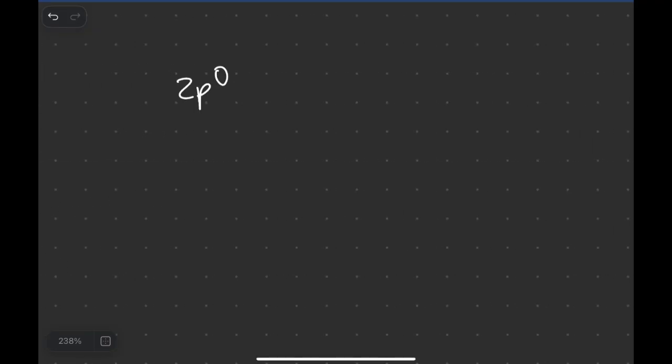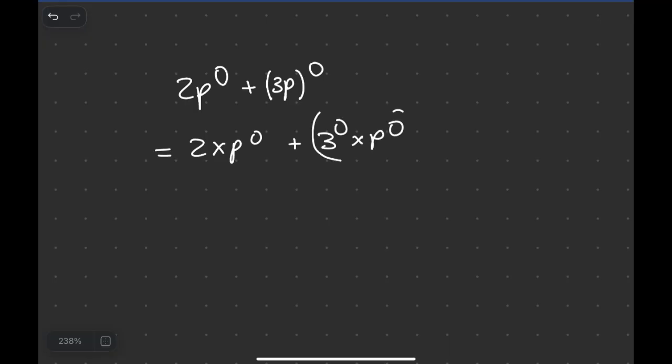2p to the 0 plus 3p to the 0, in brackets. That's just 2 times p to the 0 plus, and now look, in this bracket you have a whole number. When you have a number to the 0 in brackets, it's just 3 to the 0 times p to the 0.